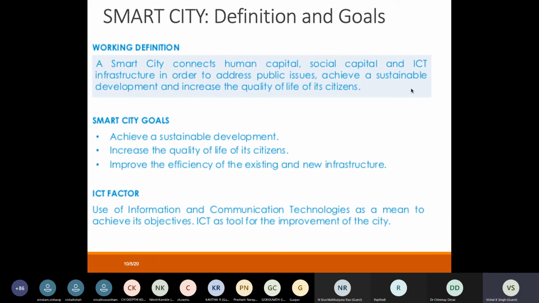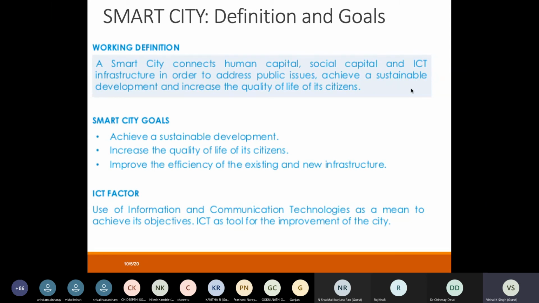For now, coming back to the topic at hand, the smart city, as we can see around ourselves, the world is rapidly urbanizing, right? On a daily basis, people are moving from villages to cities, and from cities to metro cities, in search of jobs, education, and for so many reasons.